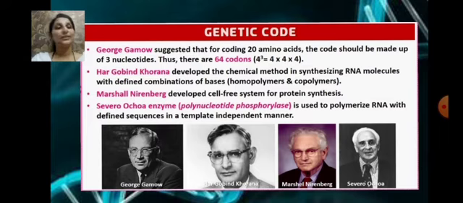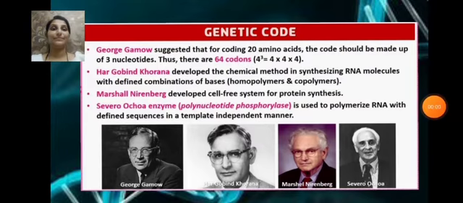Marshall Nirenberg developed a cell-free system for protein synthesis. And lastly, Severo Ochoa proposed that the enzyme polynucleotide phosphorylase is used to polymerize RNA with defined sequence in a template-independent manner.